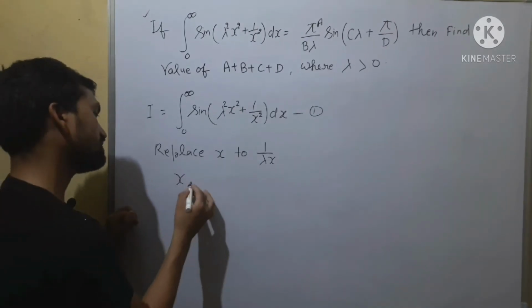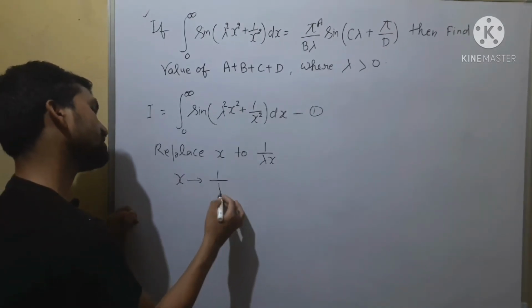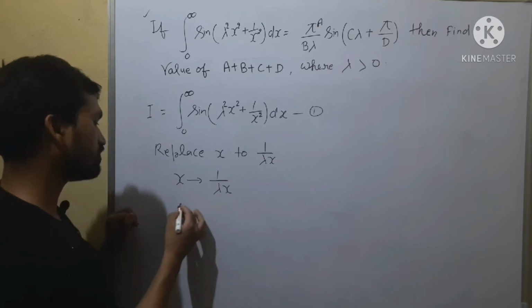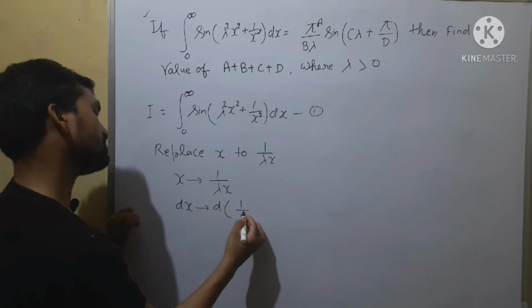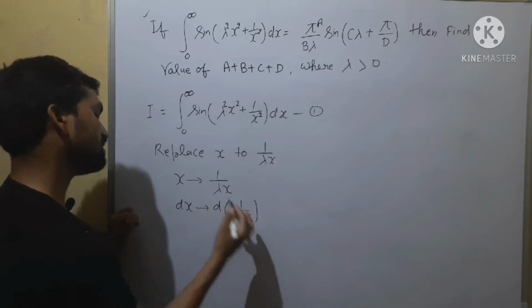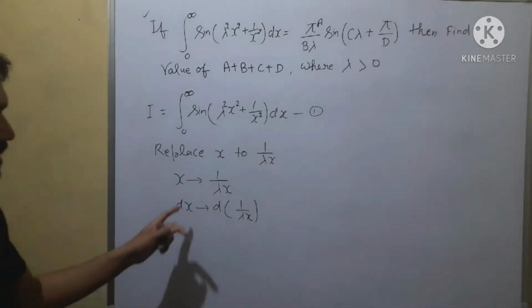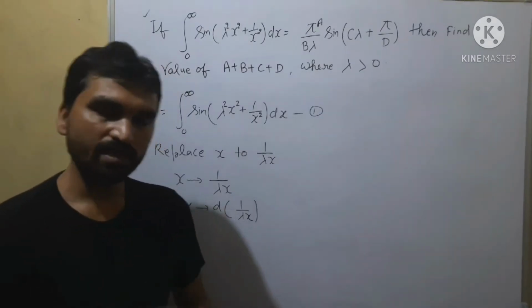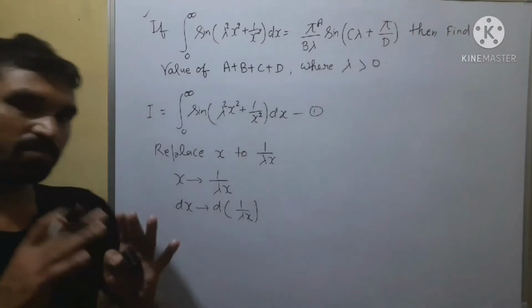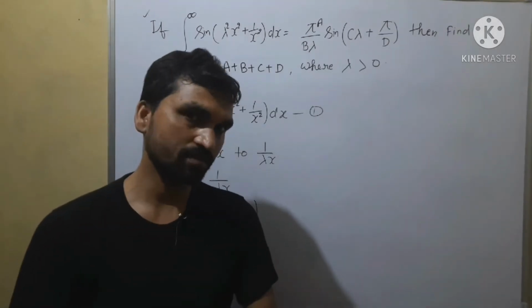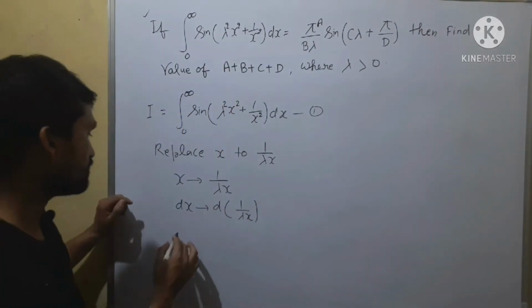So x is replaced to 1 by lambda x. So now dx will be what? d of 1 by lambda x. So as here we have replaced the value of x to 1 by lambda x, our limit will also change. So what will our limit be?